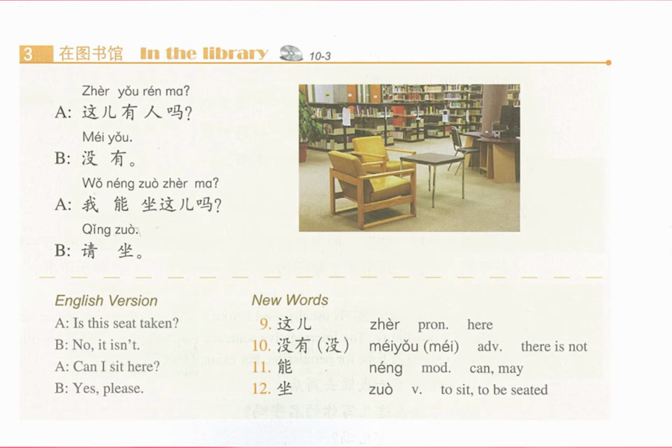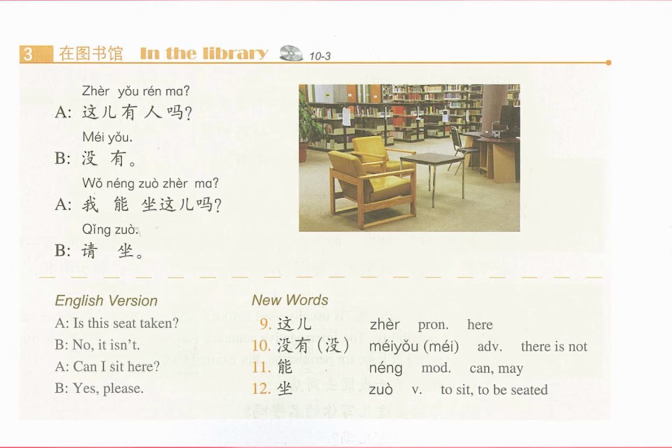You notice in the book the English translation is there is not. However, it doesn't include all the translations of 没有, because 没有 could also mean don't have or doesn't have, okay? 11. 能. 12.